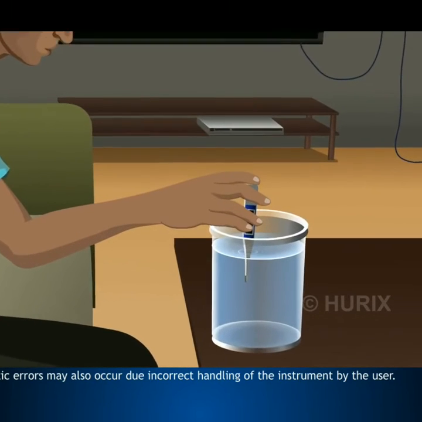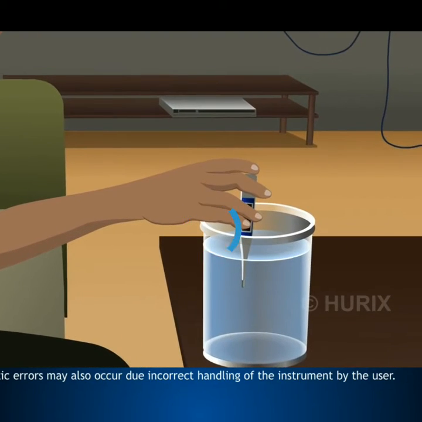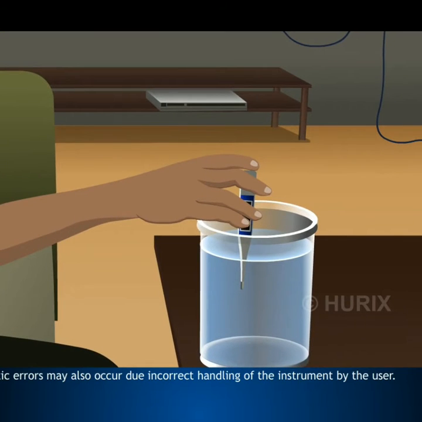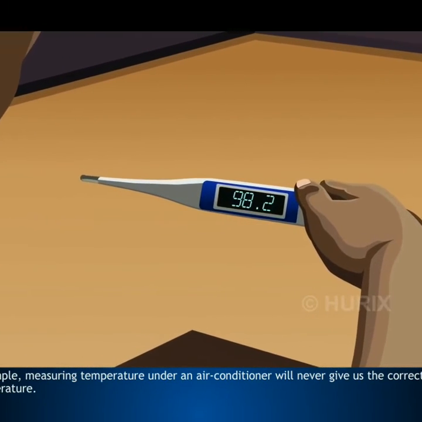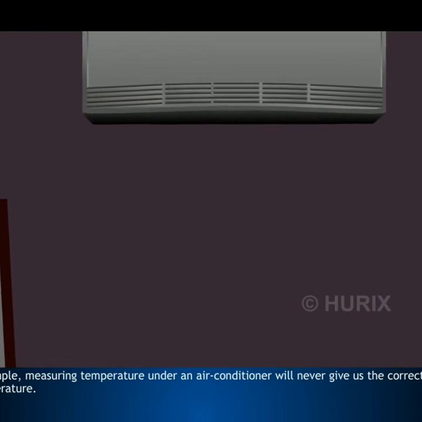Systematic errors may also occur due to incorrect handling of the instrument by the user. For example, measuring temperature under an air conditioner will never give us the correct value of temperature.